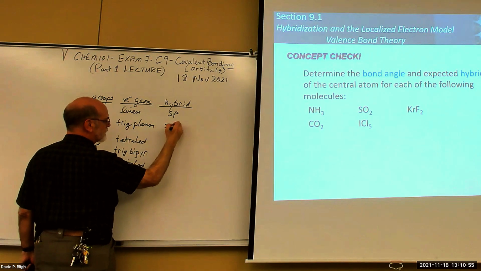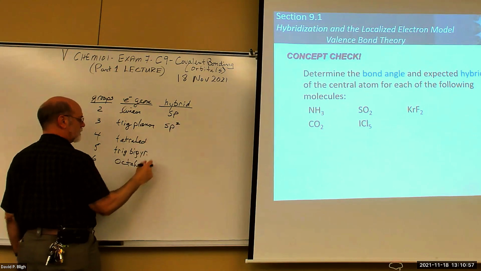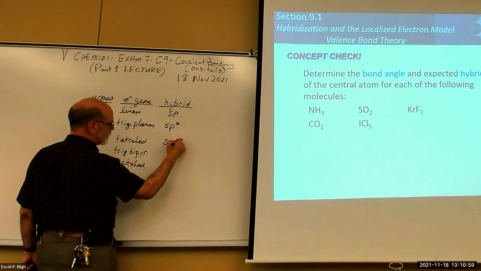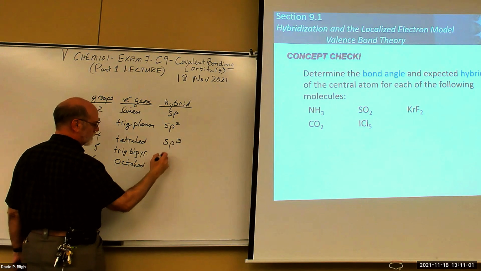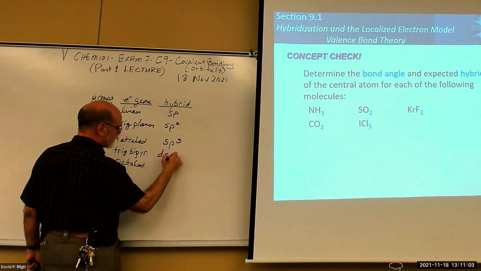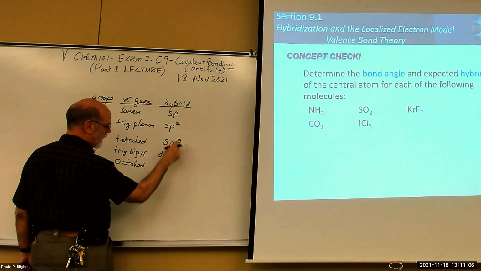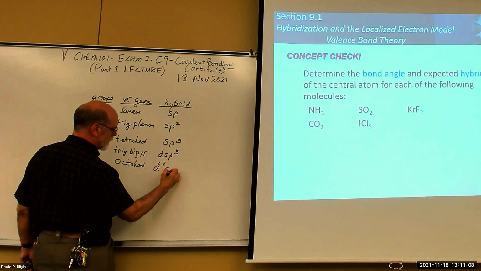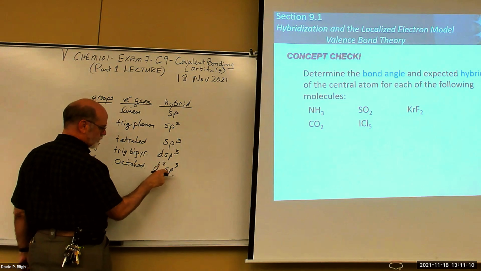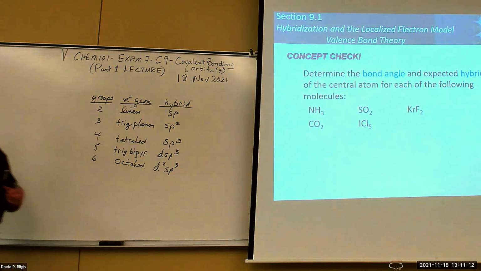This is sp2 hybridized, 1, 2, 3. This is sp3 hybridized, 1, 2, 3, 4. This one is dsp3, 1, 2, 3, 4, 5. And this one is d2sp3, 1, 2, 3, 4, 5, 6. Yeah, that's in the book. It's in the book? Okay.